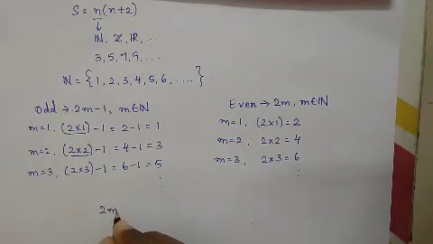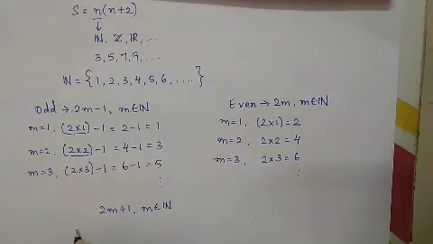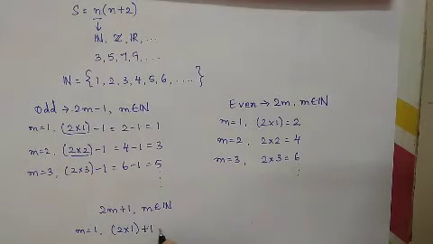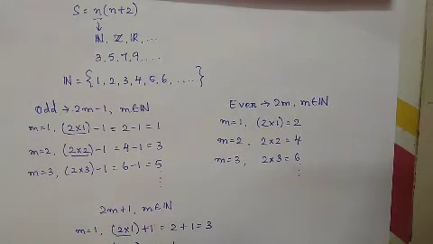Let us take it as 2m plus 1 where m belongs to the set of natural numbers. Now when m is equal to 1, 2 into 1 plus 1, that is 2 plus 1, 3. When m is equal to 2, 2 into 2 plus 1, 2 into 2 is 4, plus 1, 5.